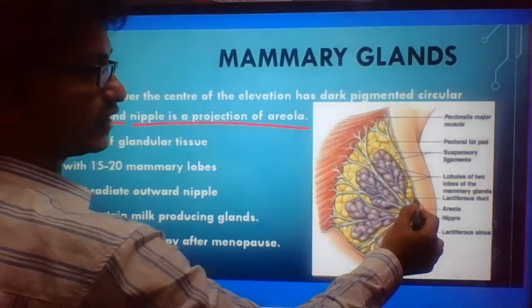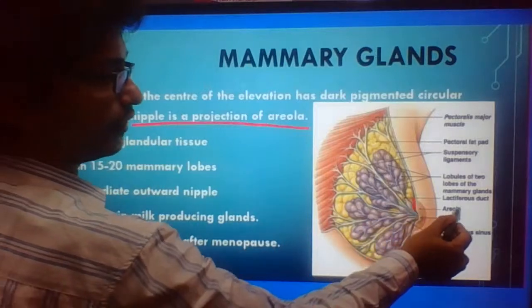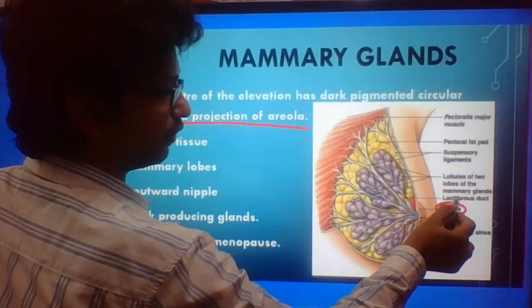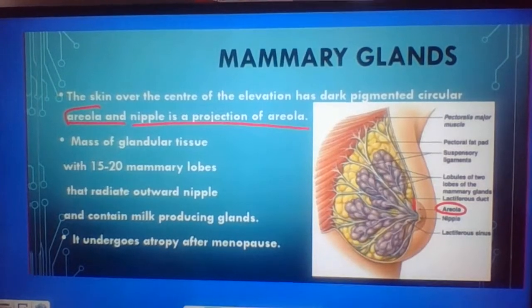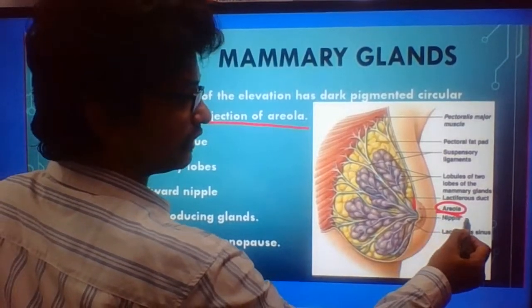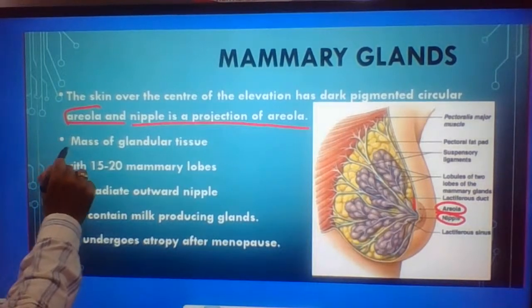You can see the pigmented circular areola over here, and the nipple is the projection. Following the areola, we have the nipple, and then the mass of glandular tissue.